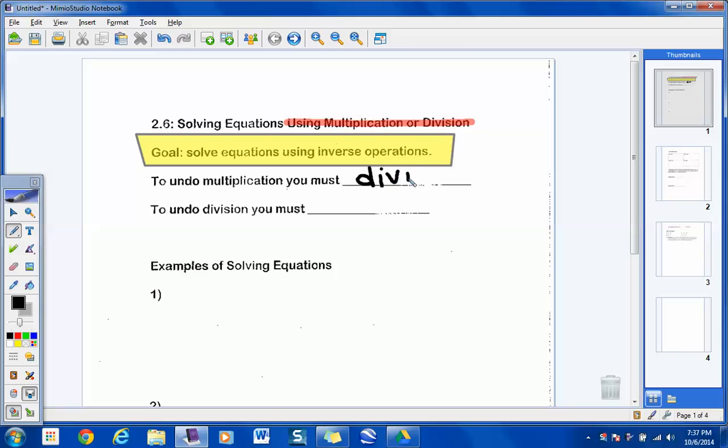Division is an inverse operation for multiplication. Obviously in the next one, to undo division, you must multiply. So we'll jump right into some examples of solving equations.